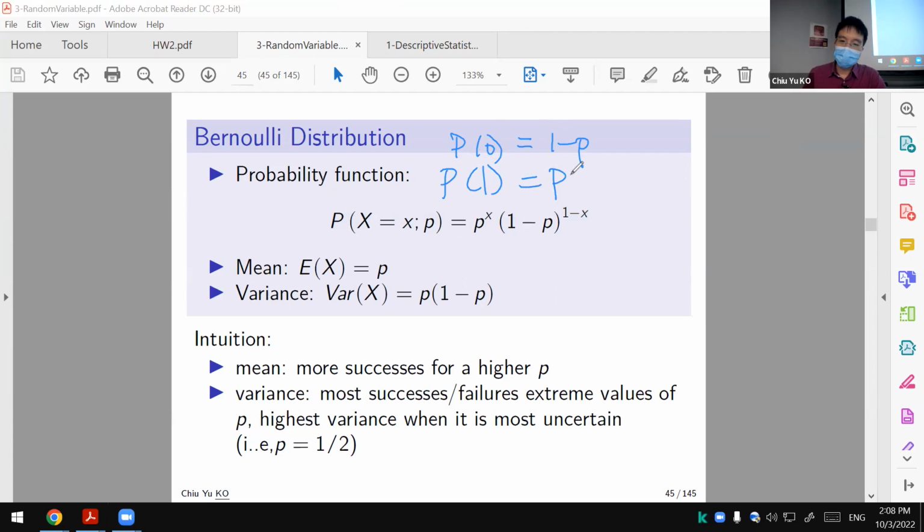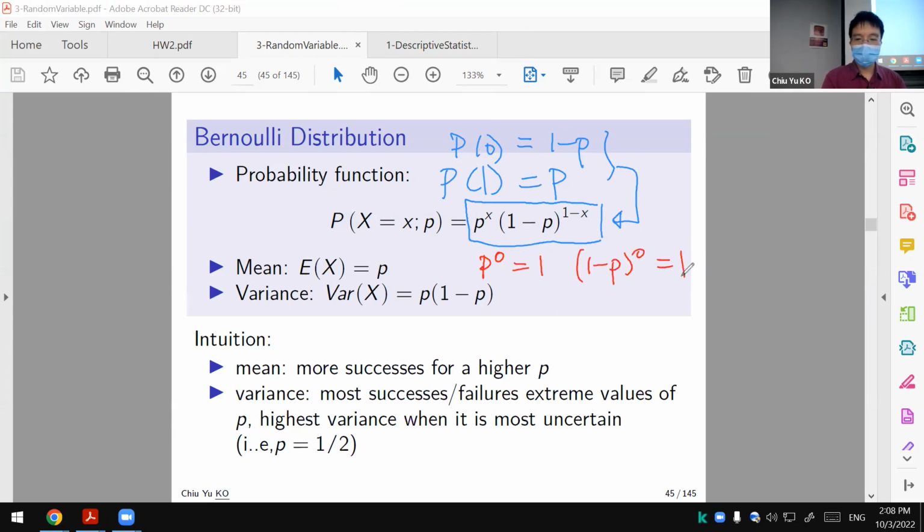So either you love this guy, same as this expression, okay. And in the next class, I will tell you why this is more convenient, but this is exactly this one, and I will convince you why this is the case, because you have to know that P of 0 is 1 minus P, okay.